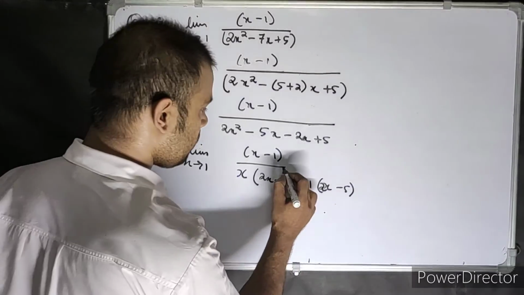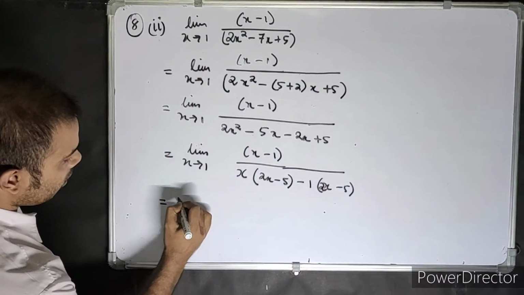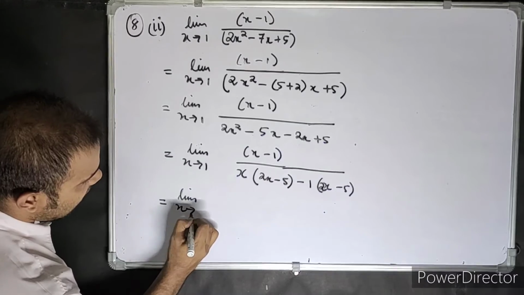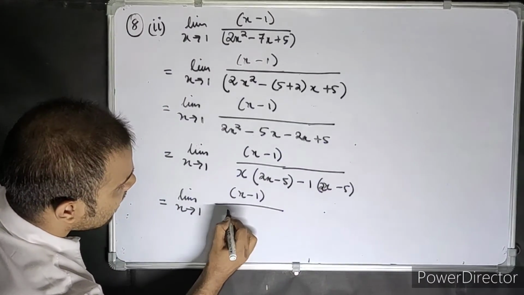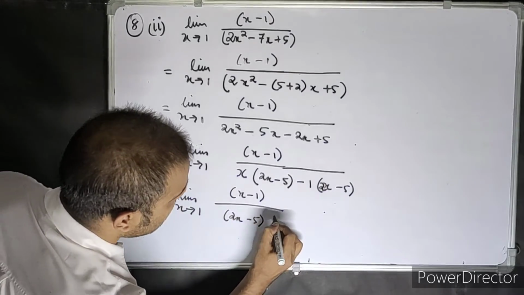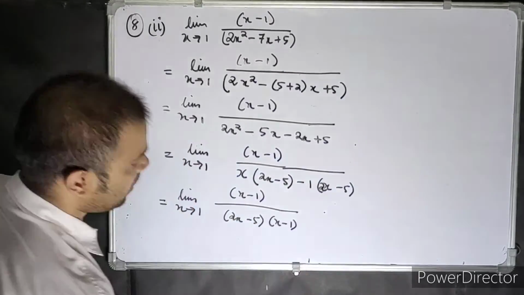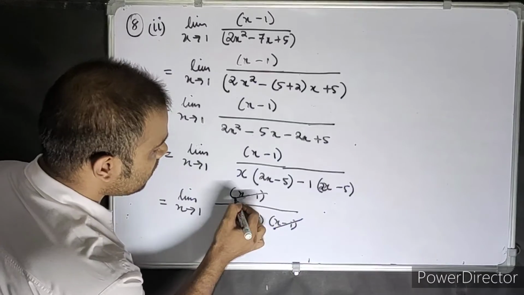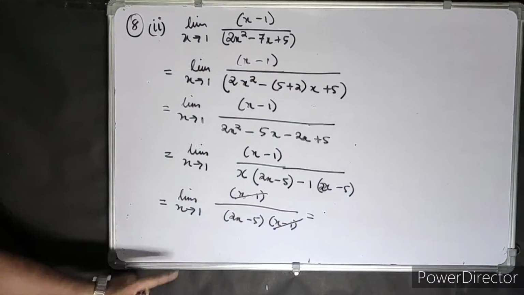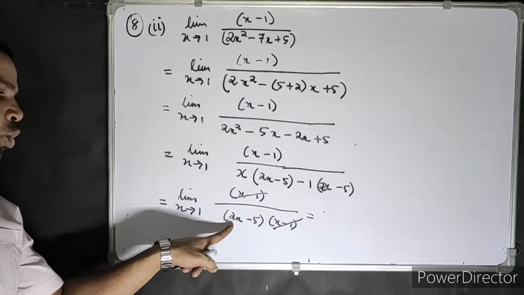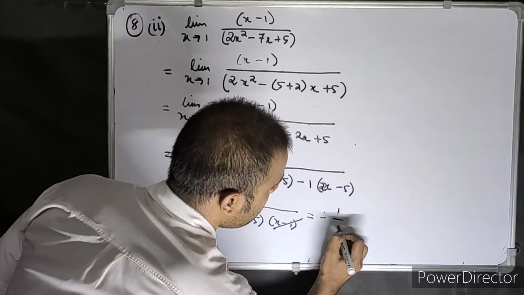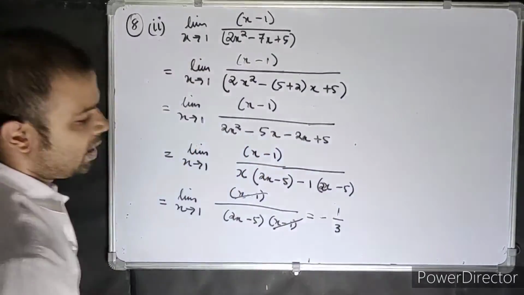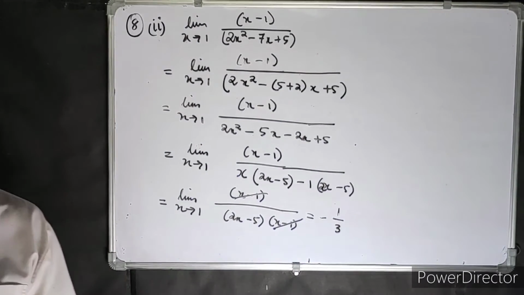So it is 2x minus 5 times x minus 1. Cancel, cancel. Now you can put the value of 1. So you put 2 minus 5, that is minus 1 by 3. That is minus 1 by 3 is the answer.